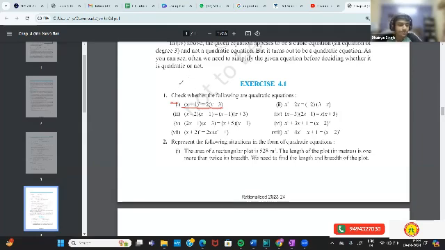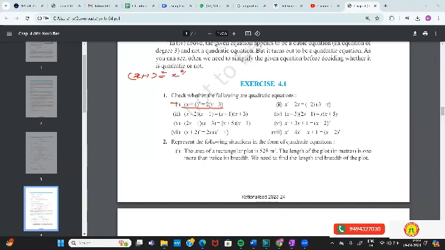Ma'am, it is. It is a quadratic polynomial. How? See, (x plus 1) whole square, expand it: x square plus 1 plus 2x is equal to, right hand side is given this, open. x square plus 7 equals 0. Highest power 2.